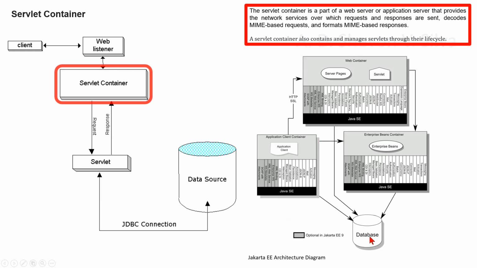Here you can see the Jakarta EE architecture diagram. In this color you can see what is optional in Jakarta EE 9. The required relationships of architectural elements of the Jakarta EE platform are shown in this diagram. Note that this figure shows the logical relationships of elements.